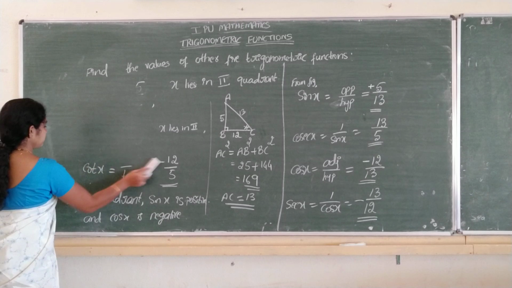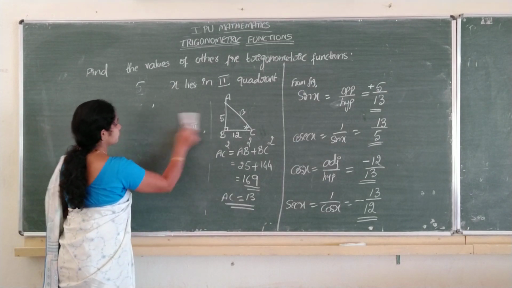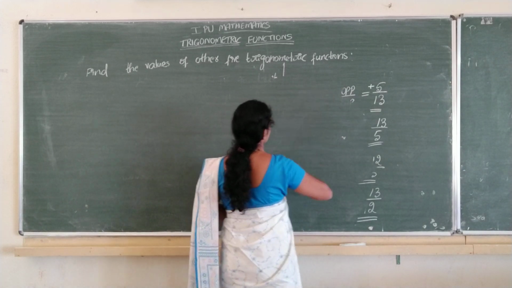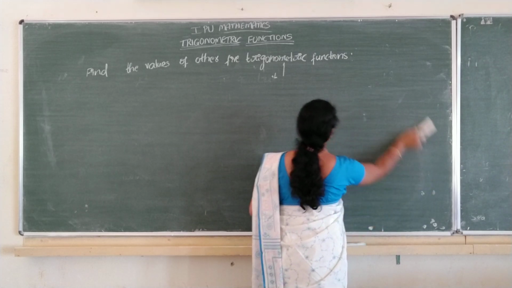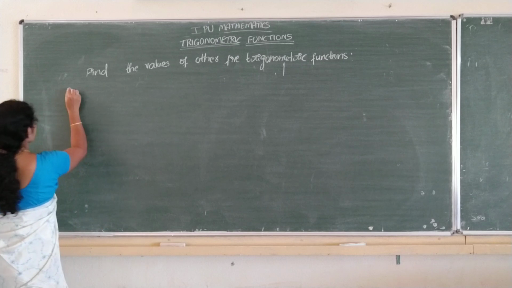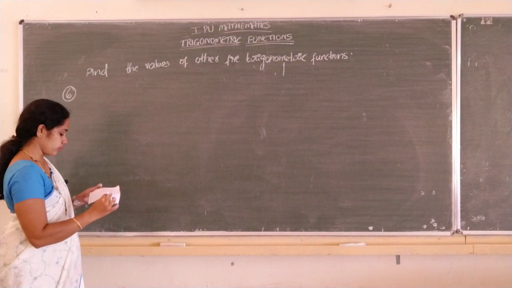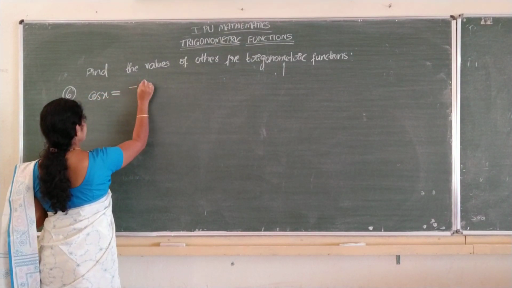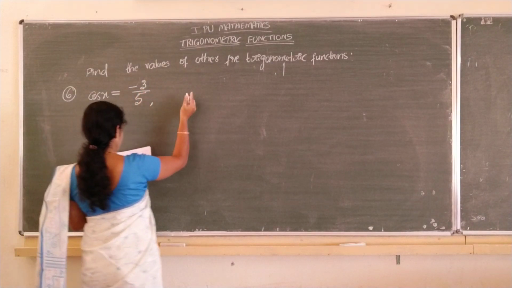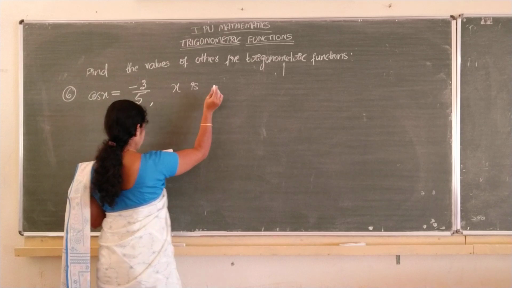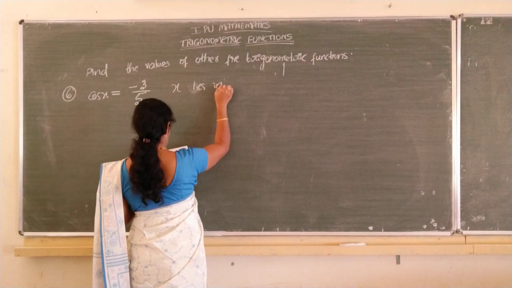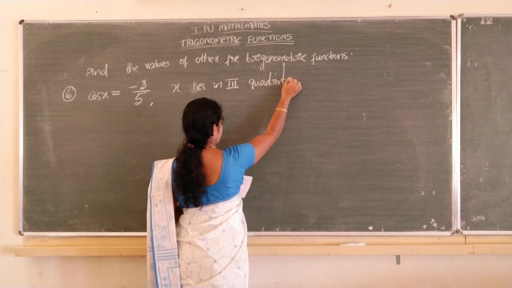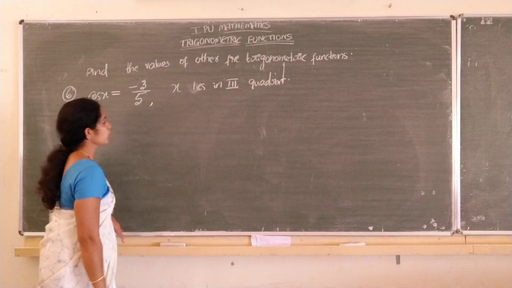Let us do one more problem. Cos x is equal to minus 3 by 5 when x lies in the third quadrant.